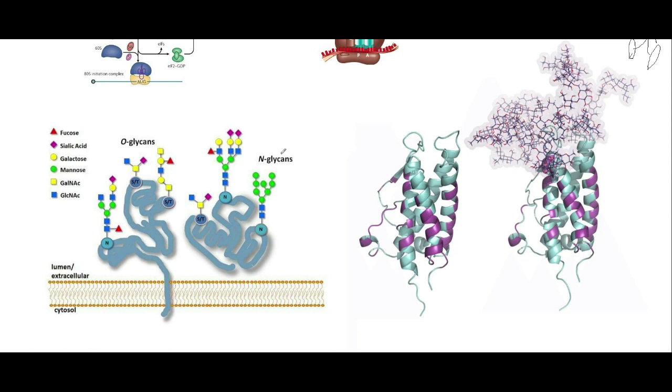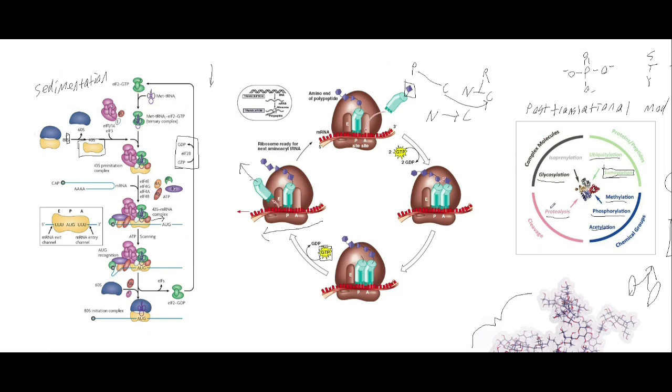I'm not going to get too much into that. This is just an image of a protein structure, and this is the protein structure with this giant sugar chain on it. So this is a heavily glycosylated protein. Those are just the different kinds of post-translational modifications that can happen after translation.